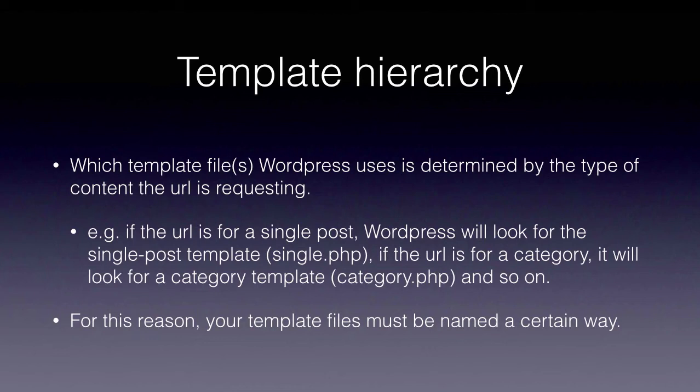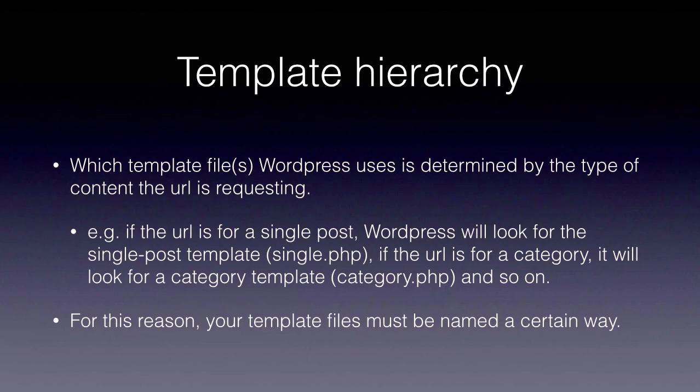If you remember, I talked a little bit about get parameters in PHP, where you can send information to the server as part of the URL and say I want this page with a particular ID. WordPress does a very similar thing, so it knows if you want to look at a single page, it knows if you want to look at a category, it knows if you want to look at a particular list of tagged posts, and it uses that then to load a particular template file.